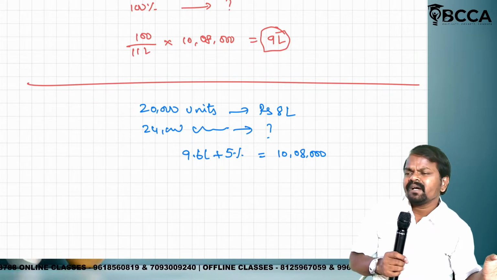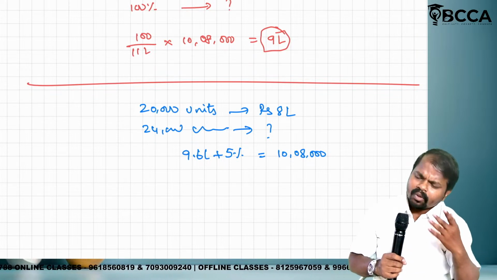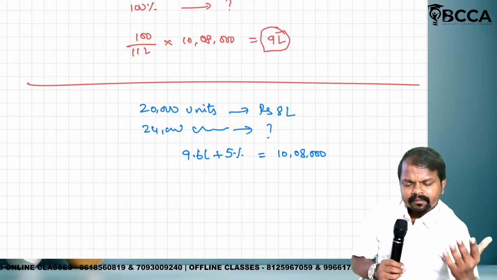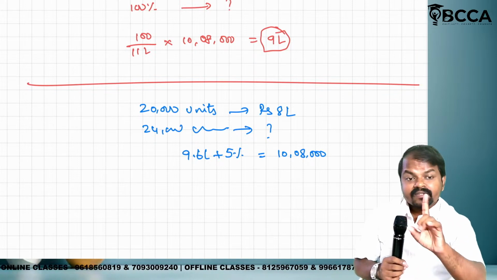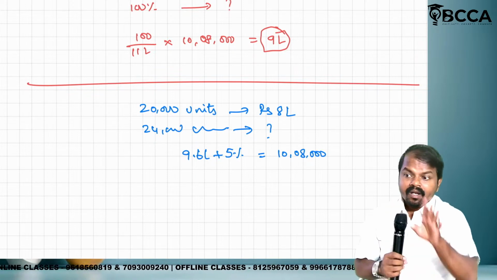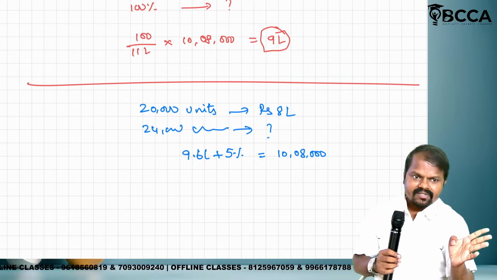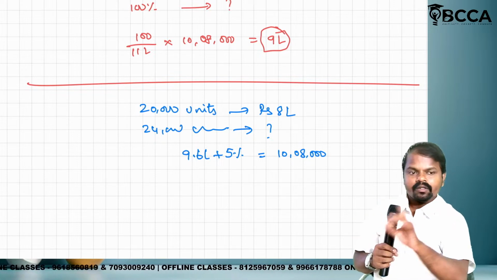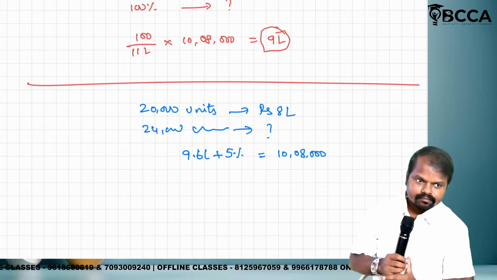Please concentrate, don't deviate. See, for 1 hour, how much payment will be given? 1000. After 4 years, just assume the labor is getting 1000 for 1 hour, no increment.